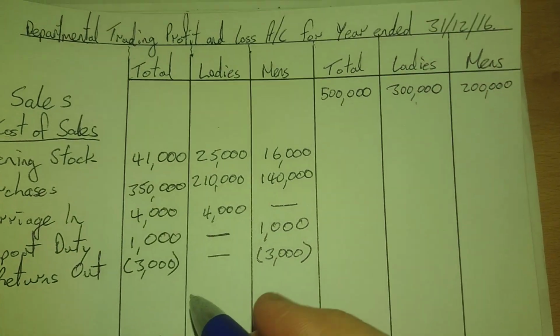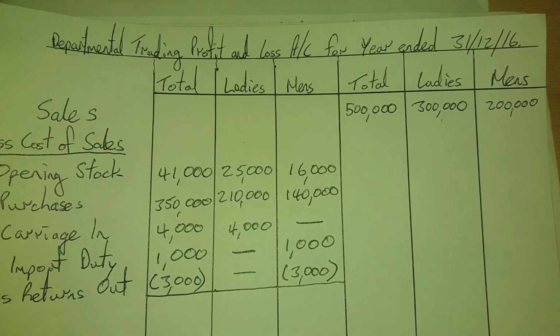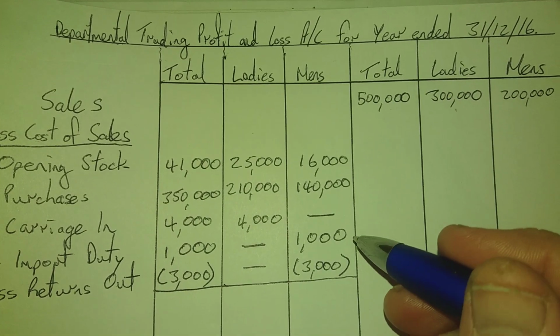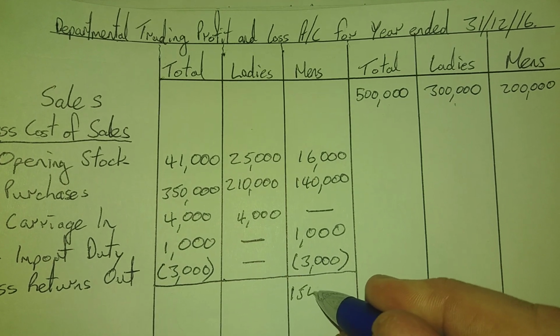Okay, so that's the first part. We'll total that before we take away the closing stock and get our total cost of sales. So totaling it all, what do we get for the first one? 154.